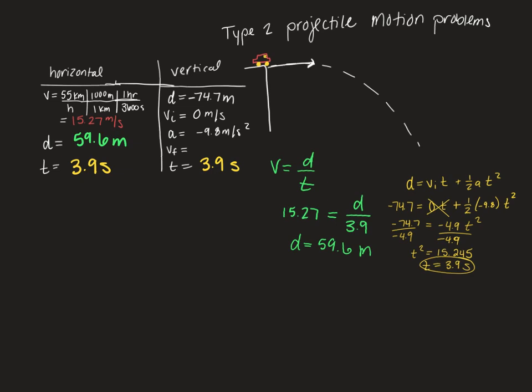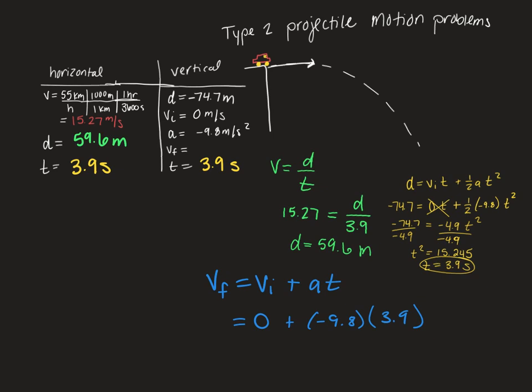But either one works, so we can use the top one, VF equals VI plus AT. So then VF equals VI plus AT. So it's going to be 0 plus negative 9.8 times 3.9.